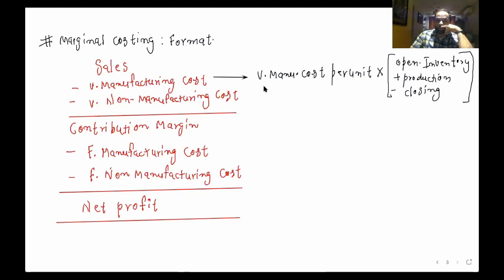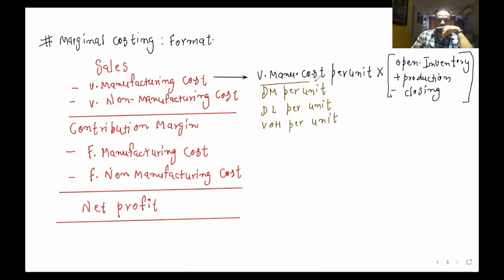So how can we estimate it? Again, it's only variable manufacturing, so it's direct material cost per unit, direct labor cost per unit, and variable overhead cost per unit.